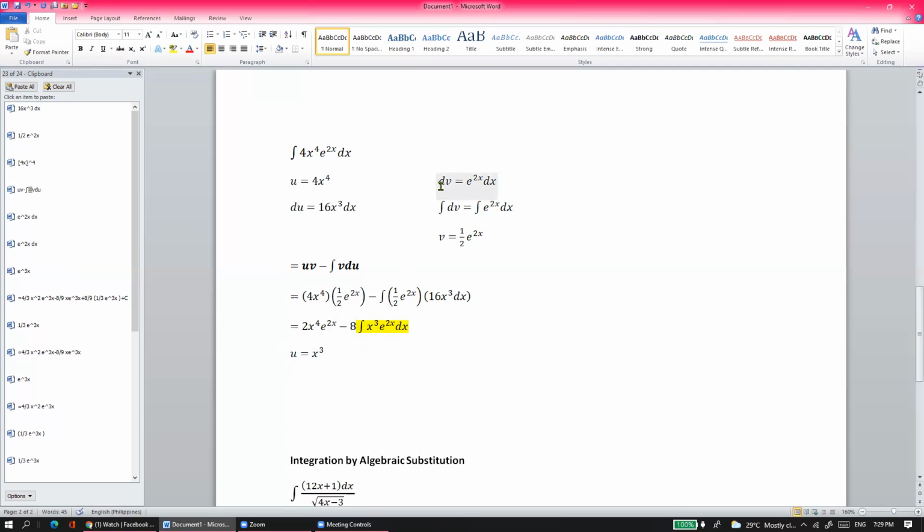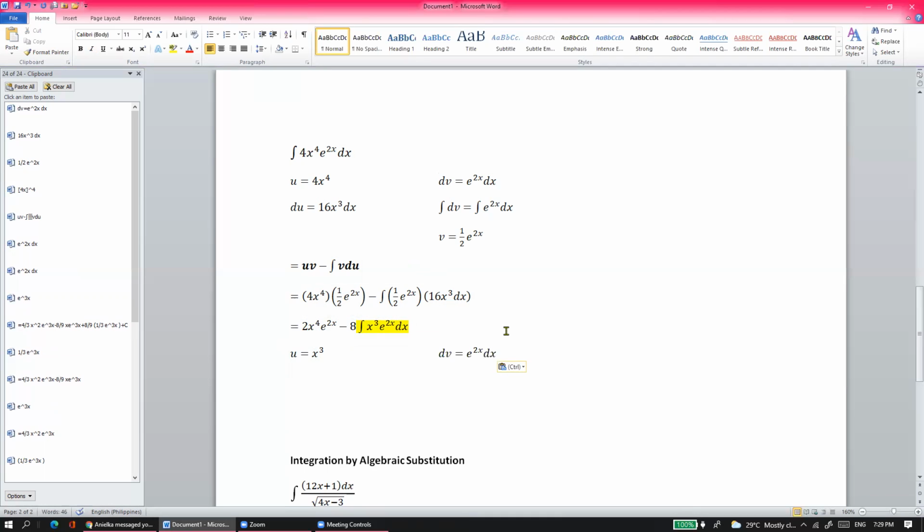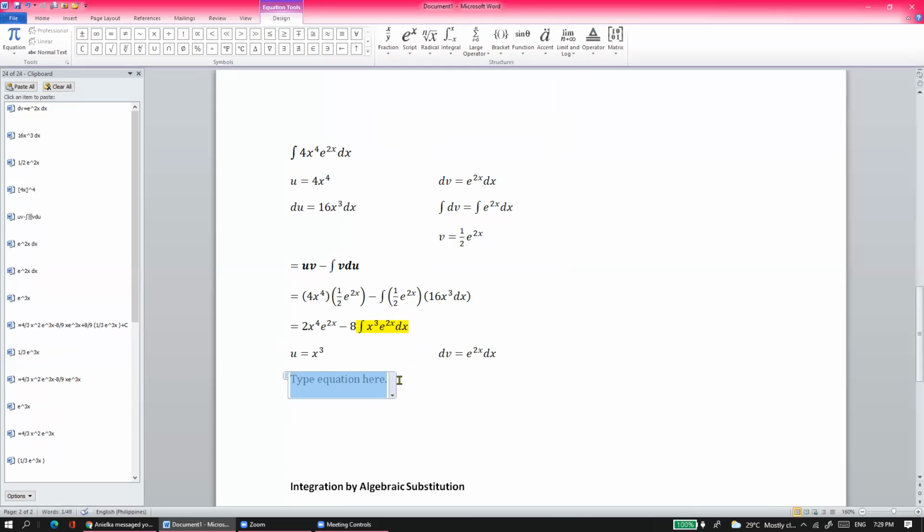And then, copy lang uli natin yon since di naman mababago yung value ng dv dito. Same lang. And then, take the derivative of u is equals to x cubed. This is du is equals to 3x squared dx.